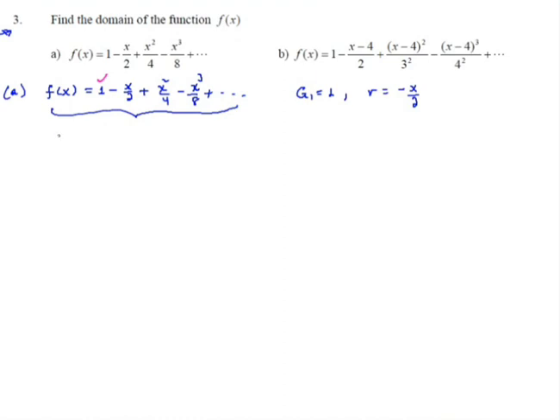So this infinite geometric series converges whenever the absolute value of r is less than 1, or absolute value of minus x over 2 is less than 1. ይሄ ፓወር ፋንክሽን converge እንዲያደርግ ይሄ ኮንዲሽን መሟላት አለበት። ይሄንን ከዩኒት 1ም ማስታወስ ትችላላችሁ። So ይሄ ምን ይነግረናል?